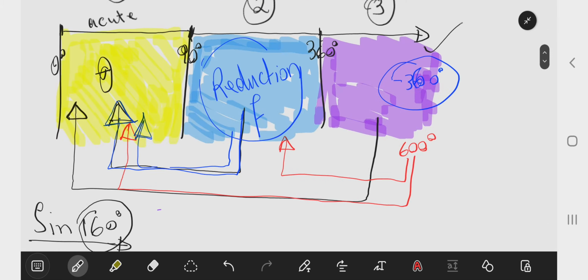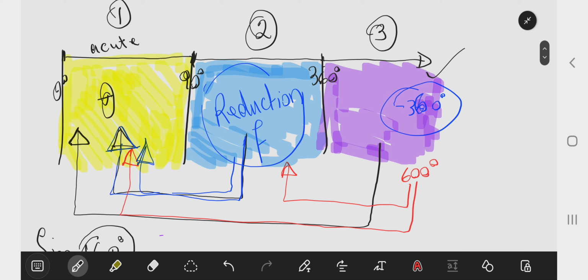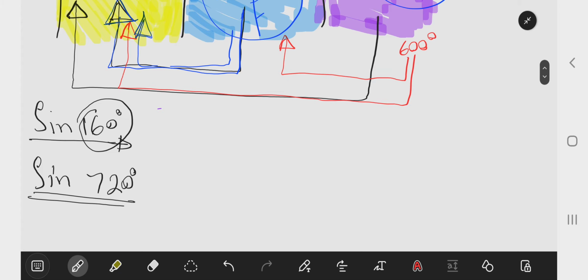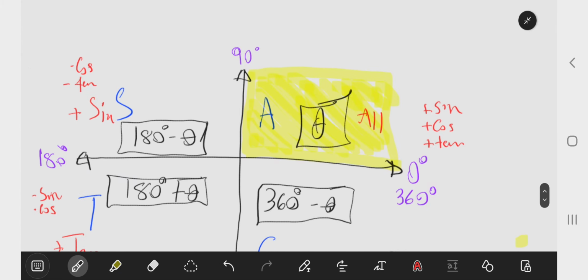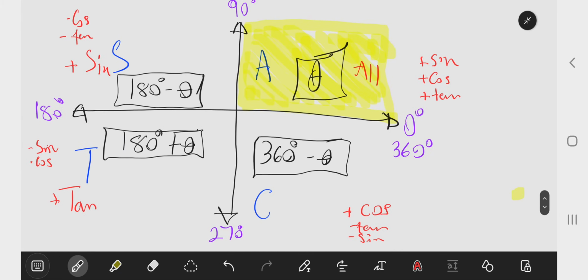Therefore, we can conclude that 240 is in this region, okay? And in this region, we use reduction formulas, right? If we use reduction formulas, we use them hand in hand with our CAST diagram. So let us locate 240. Where is 240 in this Cartesian plane? So now you can see that you have 0, 90, 180, and then 270, right?